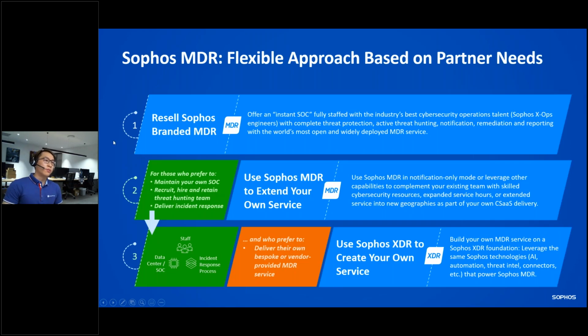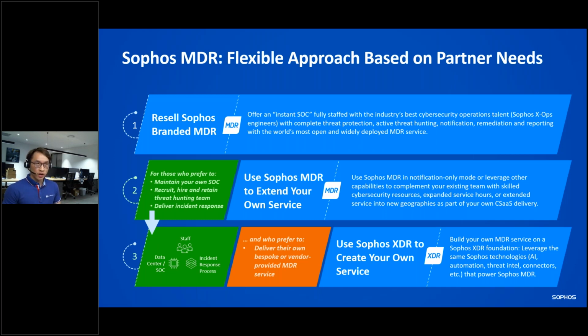Okay, so when you're going to market as a partner with MDR, there's usually a few popular strategies. The first one is you basically white label your own incident security operations center, and you offer it down to your clients as your own.